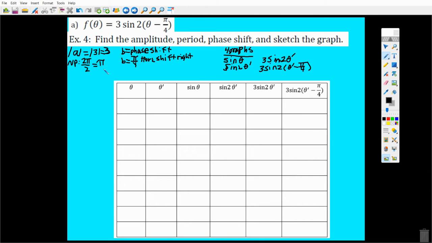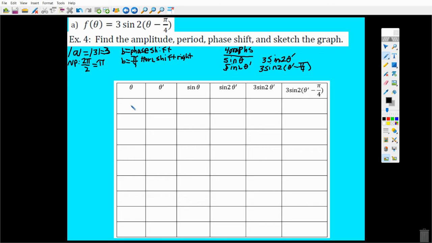So technically, we're going to be having increments of pi over 4 because we're going to divide pi by 4. And so each of these are going to be added increments of pi over 4, which is obviously going to end at the new phase shift, which is pi. So let me fill this one out. I have space here because there's going to be gaps in between.